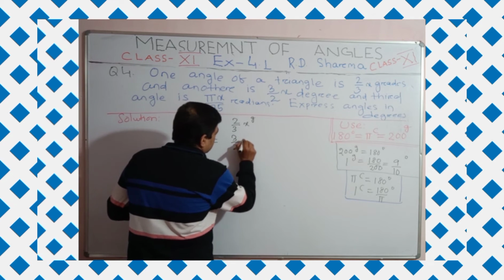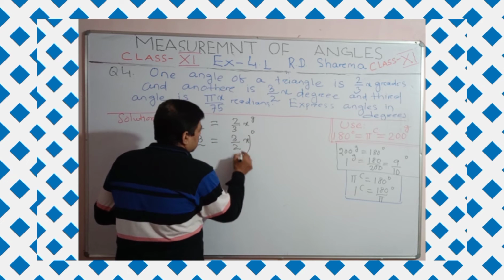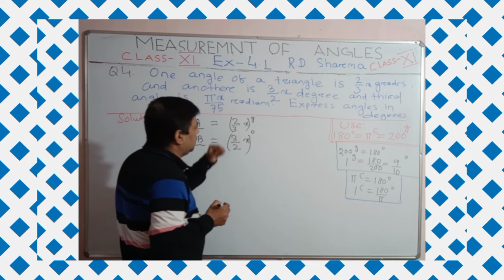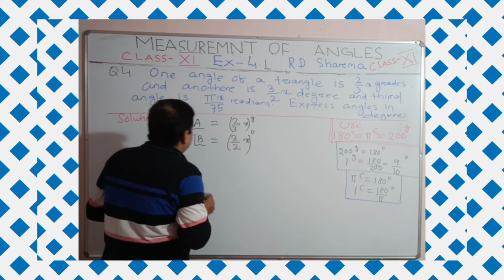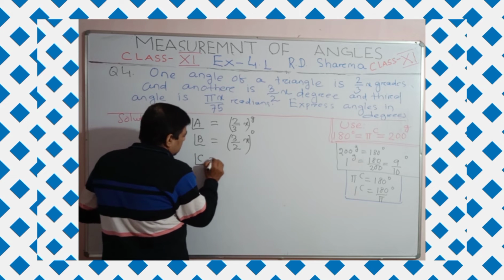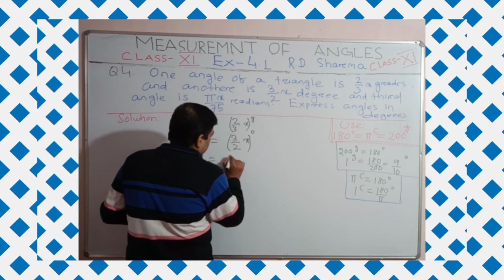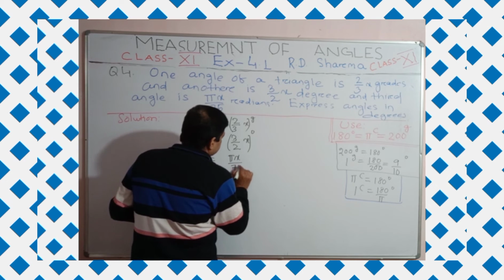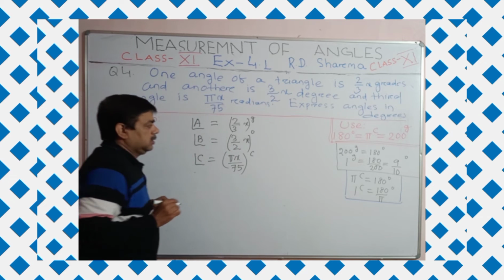Understand? Degree is given. And the third angle, let's say C, is equal to pi x upon 75 radian. C stands for radian.